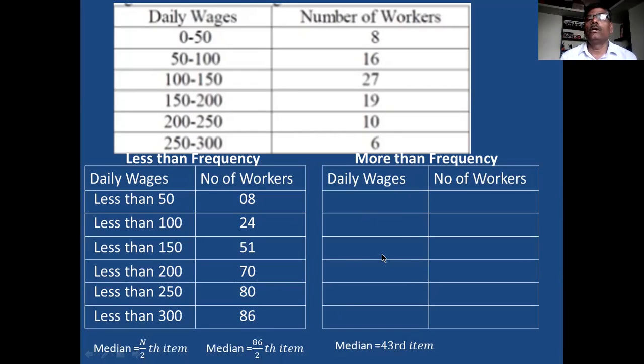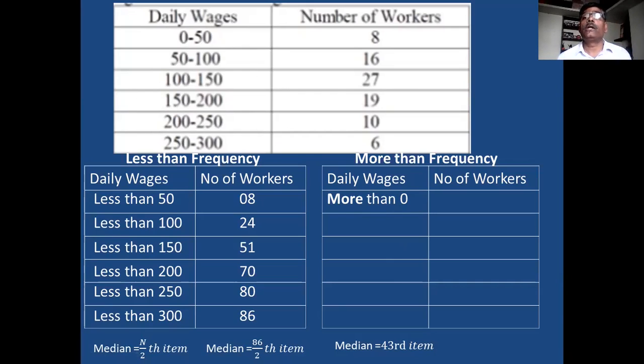And in the more than cumulative, you have to consider the lower limit as the base value. My question is, how many workers earn more than 0 rupees? More than 0 means they are the earning people.